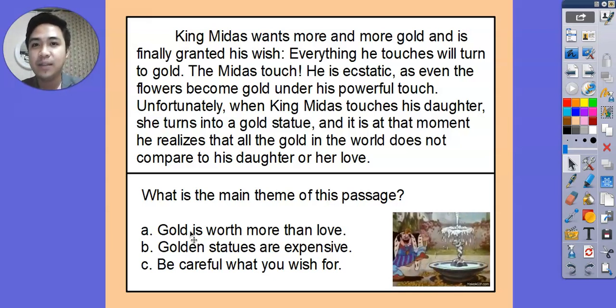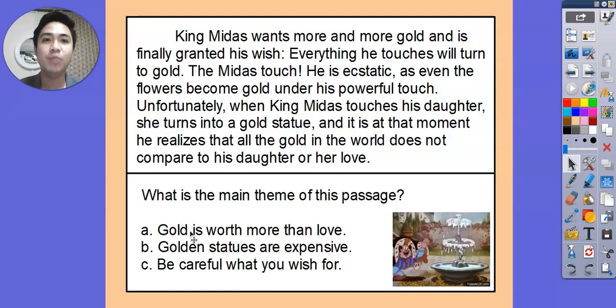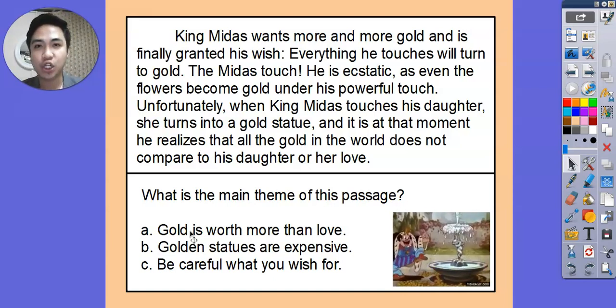The first step is identifying the main character. So who is the main character in this passage? Yes, it's King Midas. Second step, what is the initial situation of King Midas? Very good. King Midas wants more and more gold and is finally granted his wish.